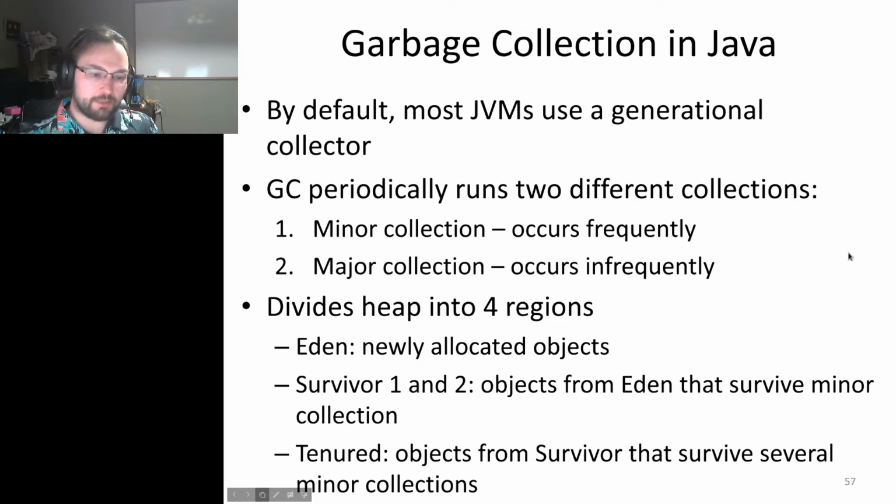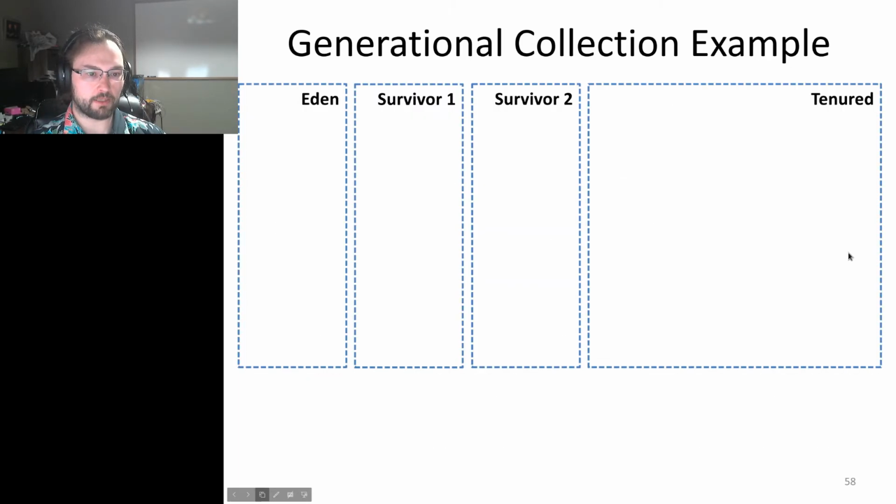But the basic idea for a lot of the garbage collectors that lots of systems use, they end up looking kind of like this. So instead of just having two segments, the way we did for the copying collector, where we had the start and the end, here we're going to have a section called Eden, where we allocate new objects.